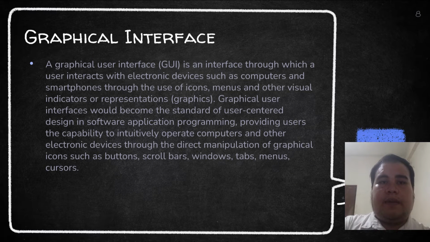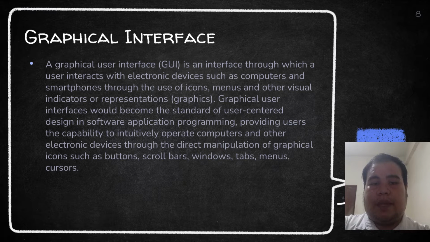And the next interface that I will be discussing is the graphical interface. Graphical interface enables the user to interact with electronic devices such as computers and smartphones through the use of icons, menus, and other visual indicators.